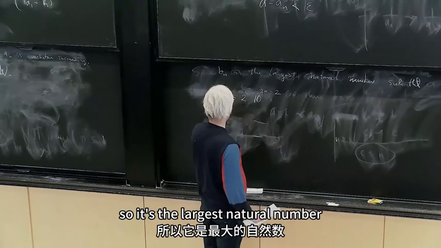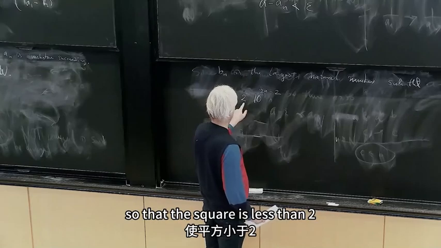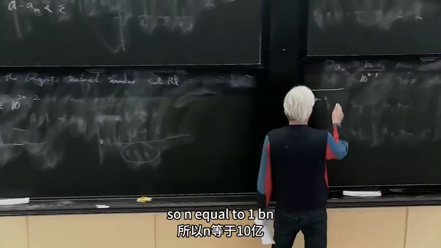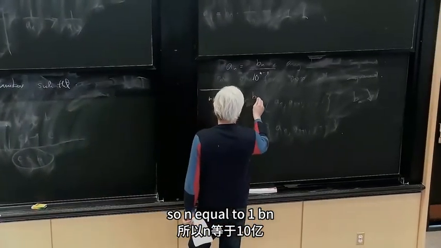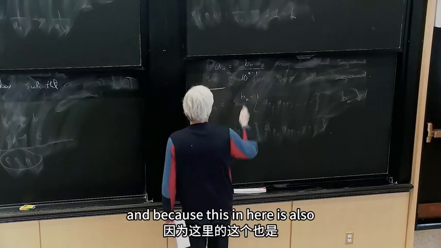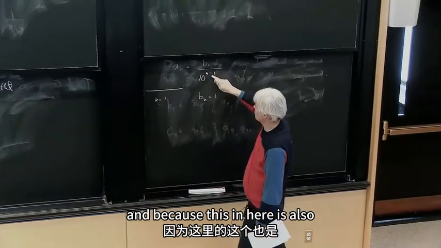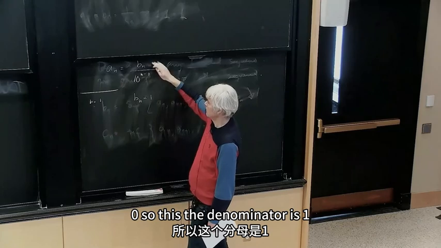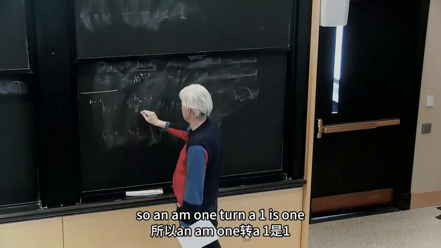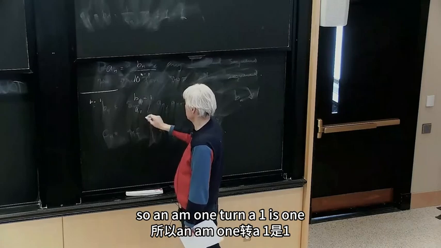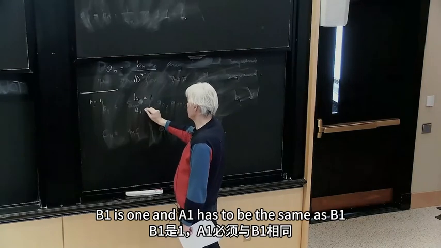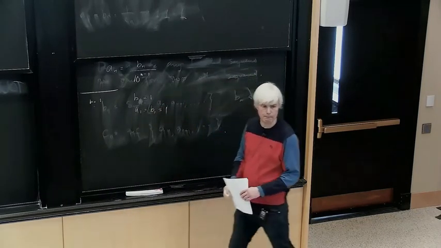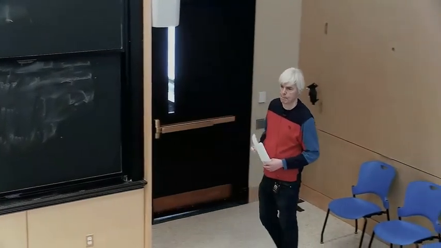So Bn is the largest natural number such that the square is less than 2, so B1 is equal to 1. A1 has to be the same as B1, so that's also 1. So that's how it starts.